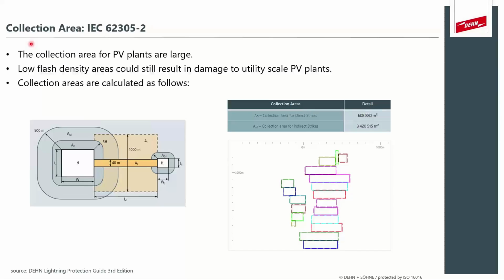In the standard we calculate the probability of your PV plant, or any structure for that matter, getting struck. Based on that, we then do a financial calculation to see what the cost implication would be for installing lightning protection versus just paying out the damages. We also check the implication of human life hazards for lightning strikes.